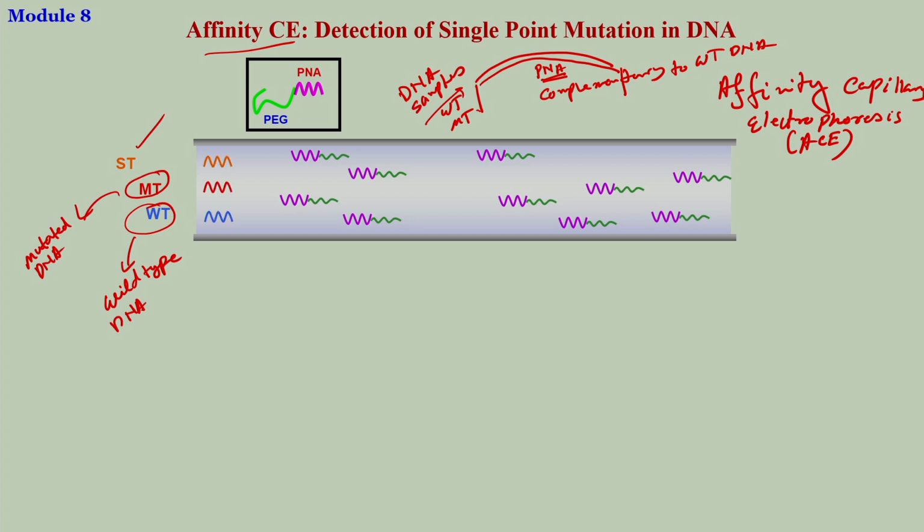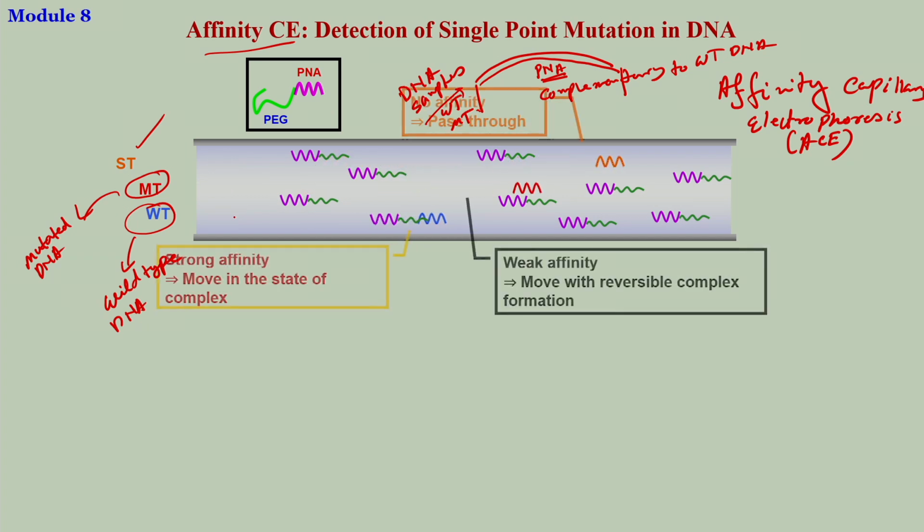So, these are this ST, mutant and wild type. That is how they are moving.